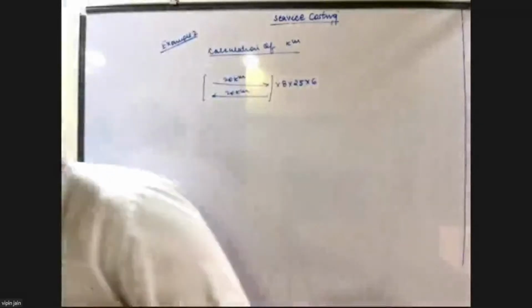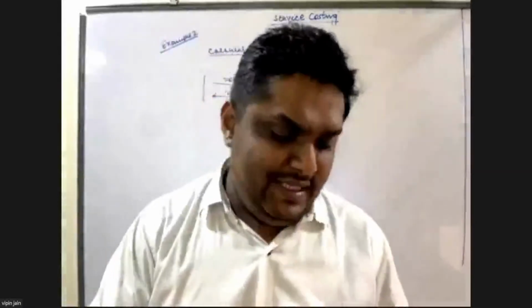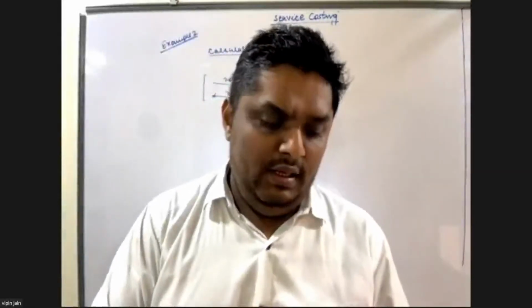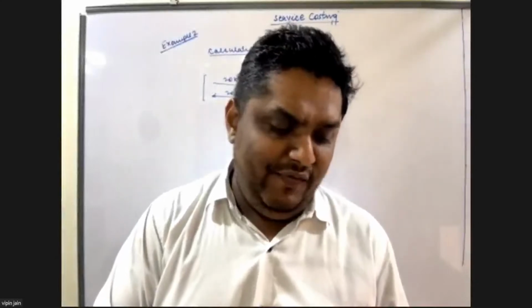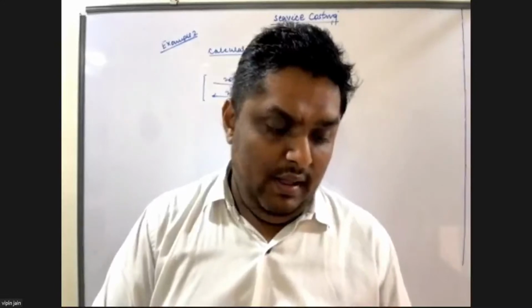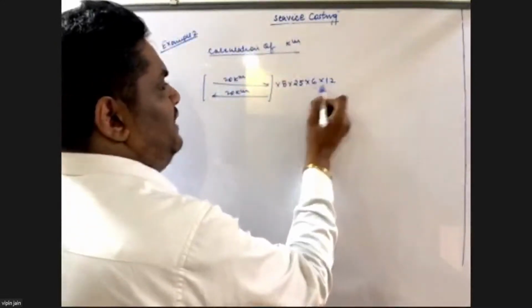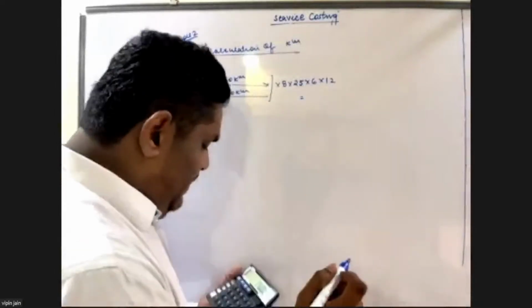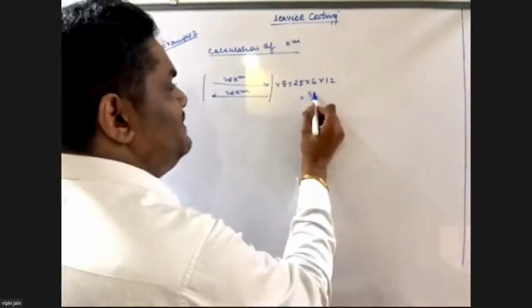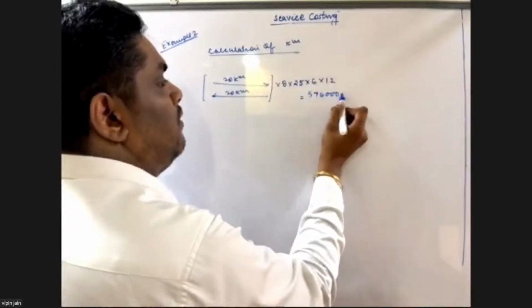So on an average, a bus is traveling 40 kilometers 8 times in a day, 25 times in a month, and there are a total of 6 buses. And let's say if it is 12 months in a year, the total distance traveled in a year is 5,76,000 kilometers.